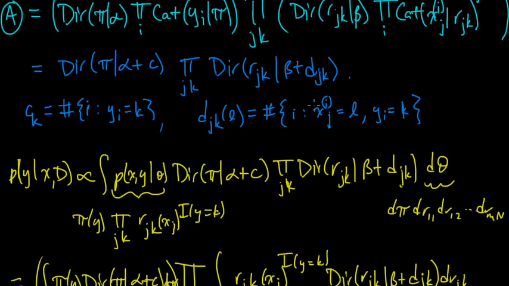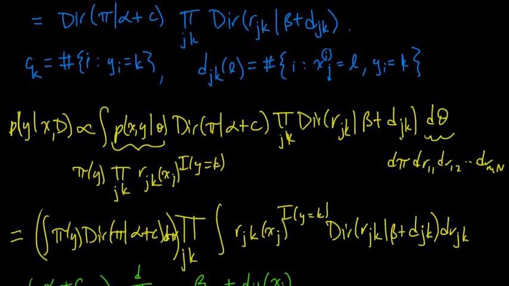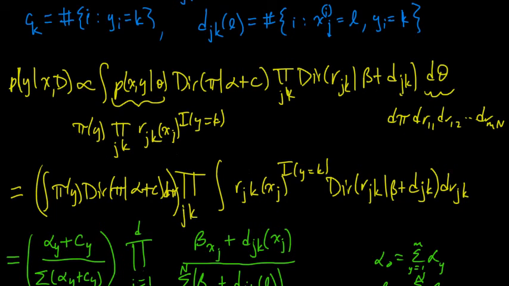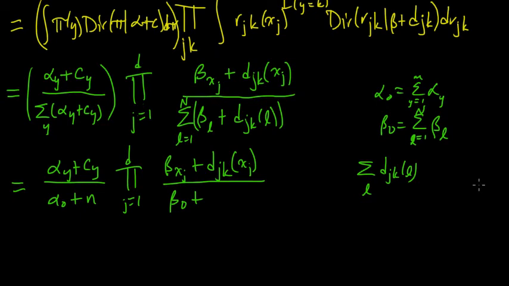If you write these out as a sum of indicator functions, it's a little more clear. But anyway, that ends up just being the sum of the ones for which y_i equals k, and that's just c_k. Wait, where did k go? Oh, this should be y, sorry.